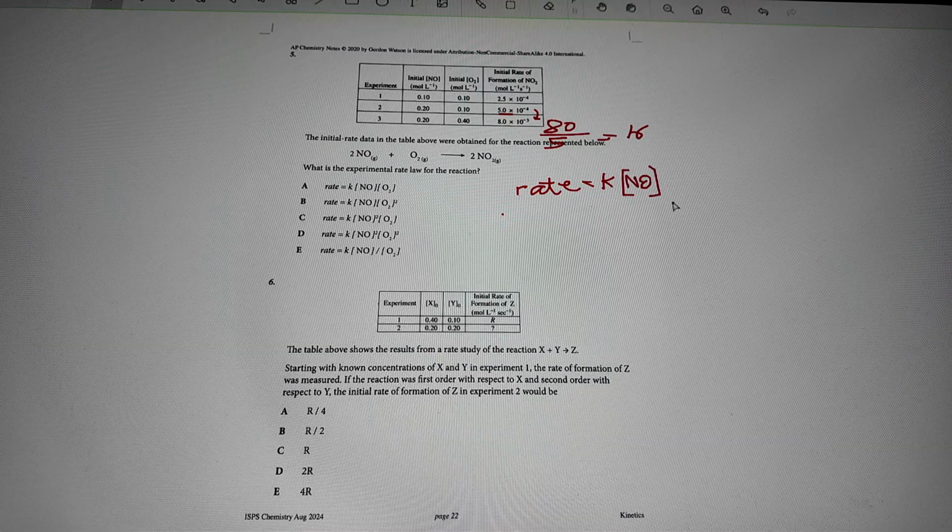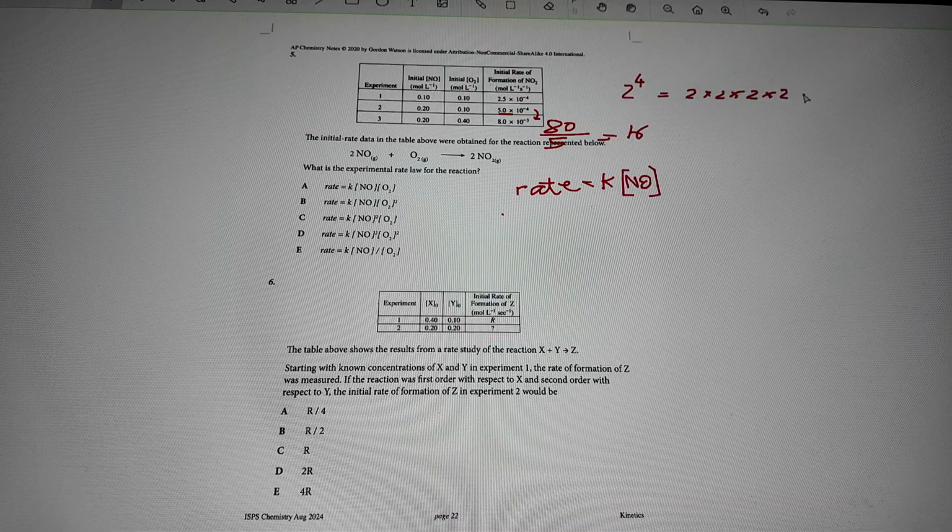First order. But O2, right? Because think about it, 2 to the 4th is 2 times 2 times 2 times 2. It's the second order, right? And that equals 16. So that would be O2 squared.